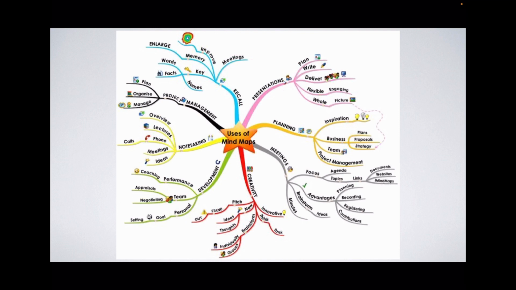Do you notice the use of pictures? In mind mapping, that's totally legitimate because the idea is to have as few words as possible and as much information as possible. It's almost like writing a poem, right? A poem can be very, very small, but it can contain so much information. A mind map is kind of like a visual poem because it's using as few words as possible to convey the same amount of information that, say, a page full of text would contain.